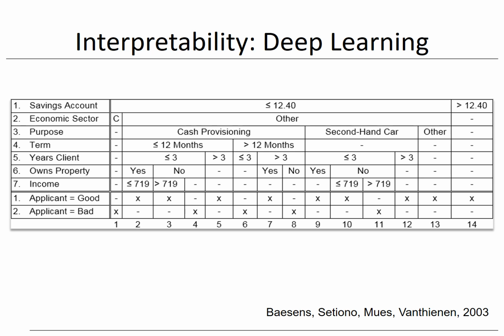As soon as somebody has a savings amount above 12.40 euros, they are considered to be a good payer in this particular case for this particular data set. In case not, we have to look at the other criteria such as economic sector, purpose, term, years client, and navigate our way down the decision table until we end up with a decision.